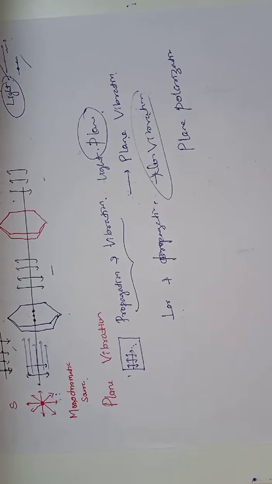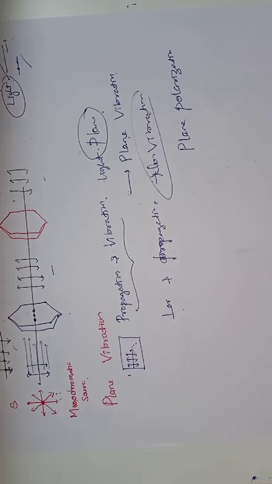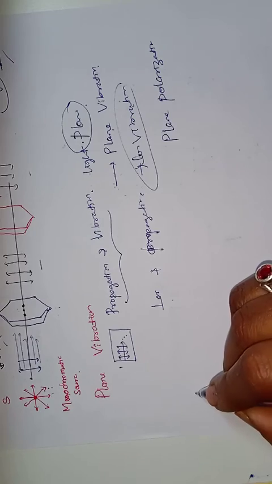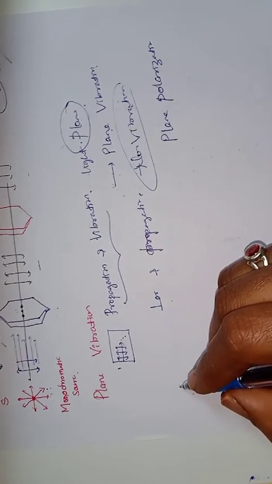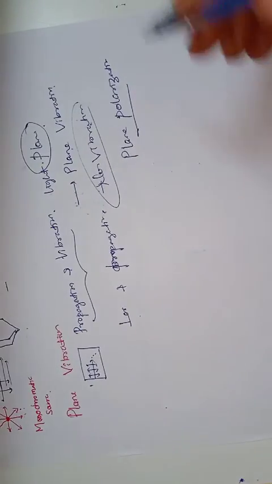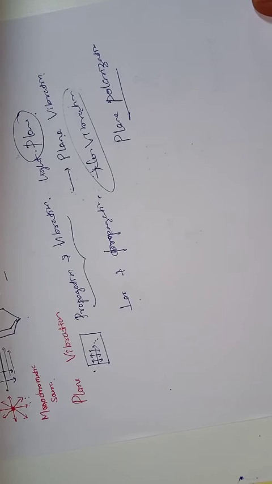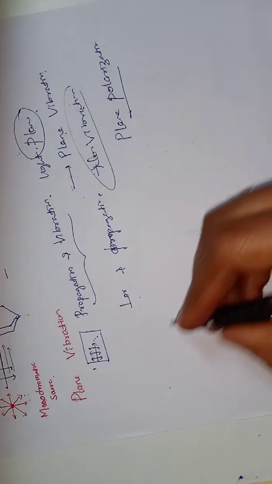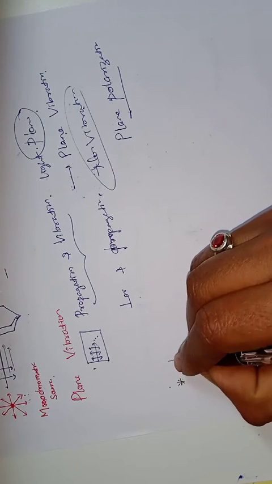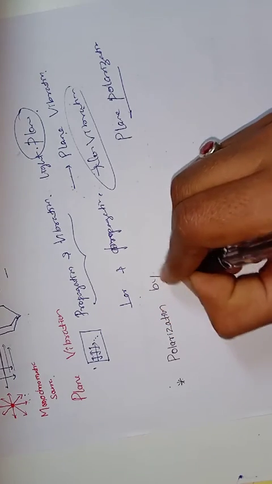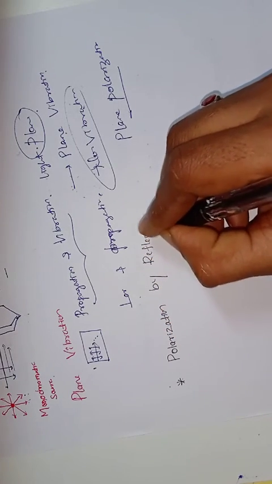Then we will step into another one. We know the representation of polarized and unpolarized light. Plane polarized light can be produced by various methods. Among them, one method is polarization by reflection.